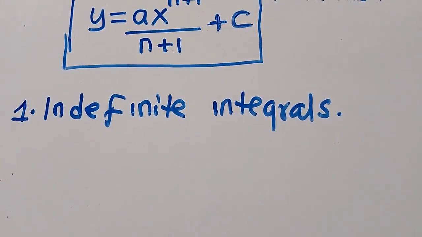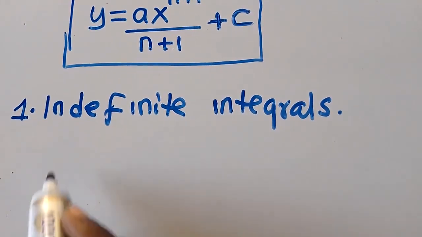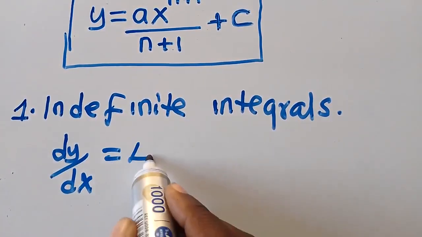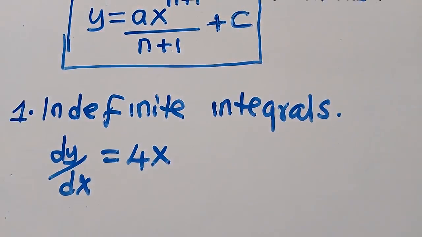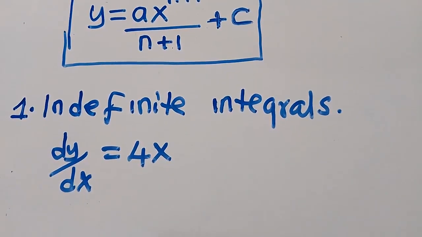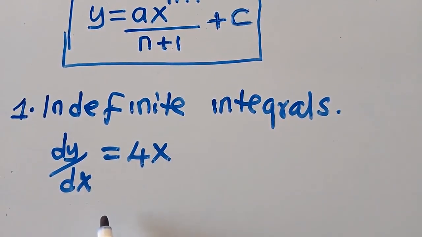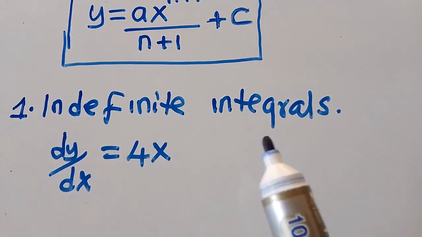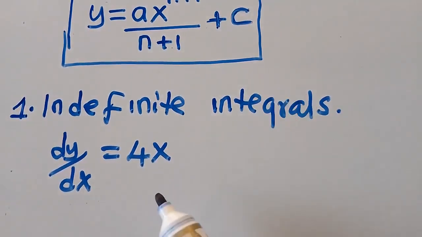They just come in a form like, they will say dy/dx = 4x. Then you are told to integrate. So how can you integrate this? This is very simple. I believe from the first example I did, you are able to follow.